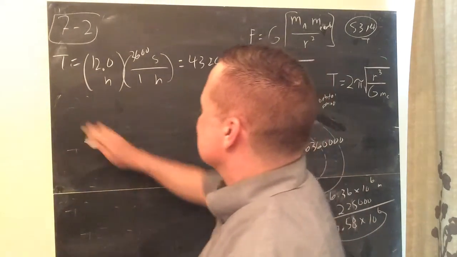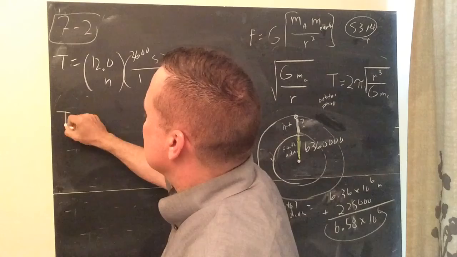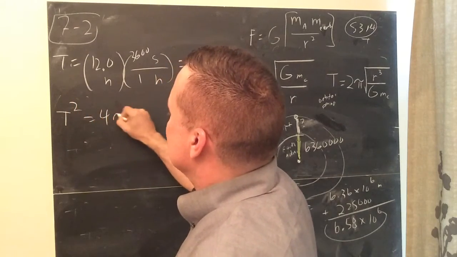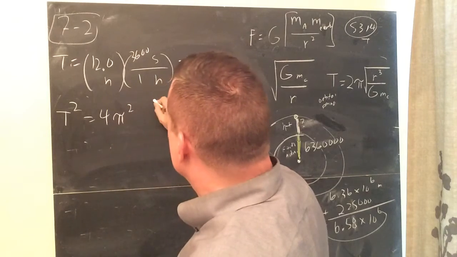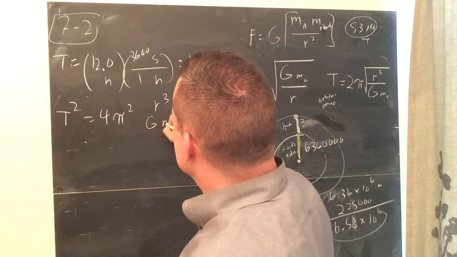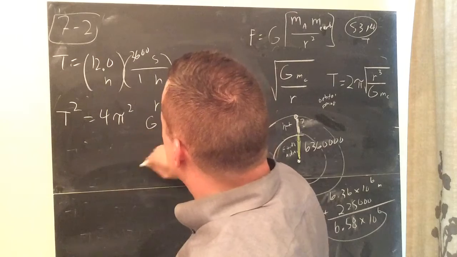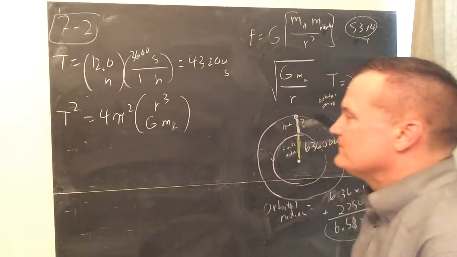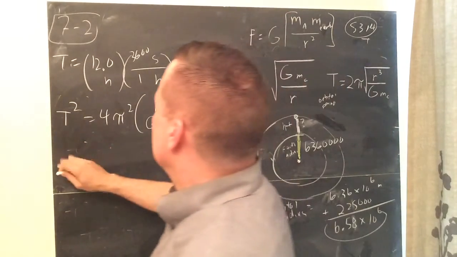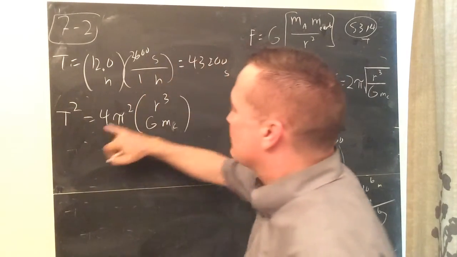So here we go again. Okay, so here we go. So I'm going to put the same one I showed you. T squared is 4 pi squared times r cubed over G M_E of the Earth. Well, M_C for central. Okay, and that's your equation. So 43,200. Now I'm going to have to put that number in and square it.